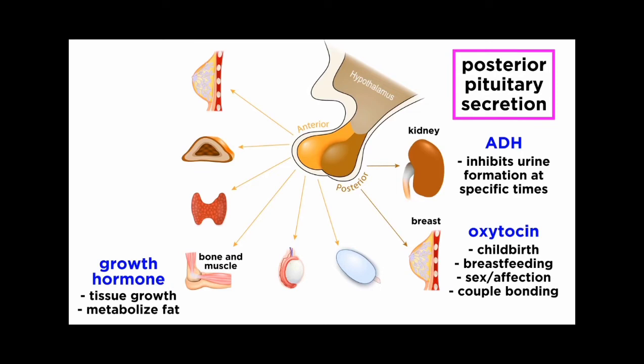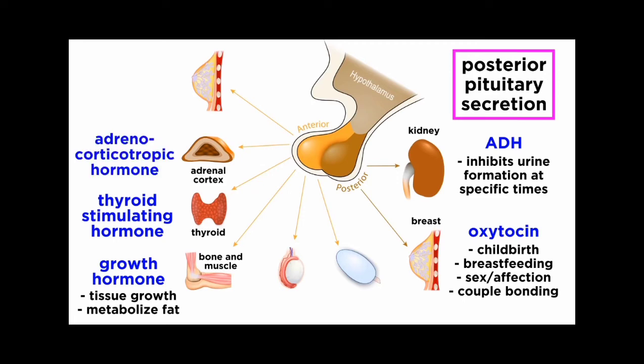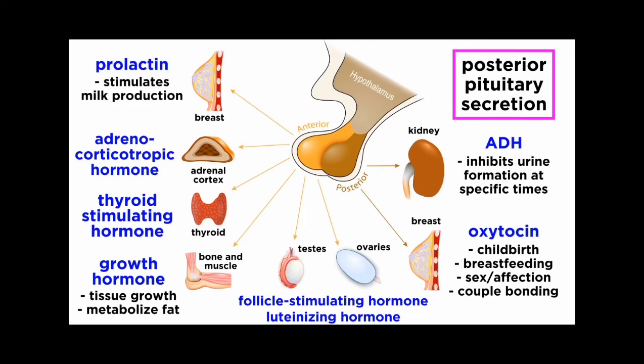These hormones are growth hormone, which promotes tissue growth and directs cells to metabolize fat, thyroid stimulating hormone, which stimulates the thyroid gland, as one might expect, adrenocorticotropic hormone, which stimulates the adrenal cortex, follicle stimulating hormone, and luteinizing hormone, which regulate the gonads, and prolactin, which stimulates milk production in females. Any of these can be released when a particular stimulus is received from the hypothalamus.